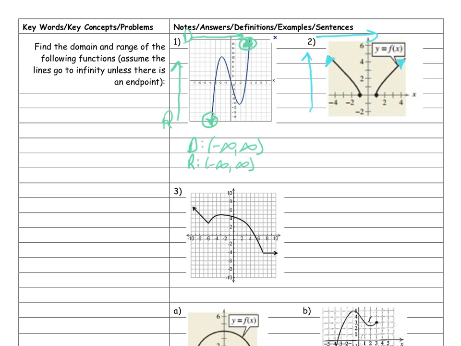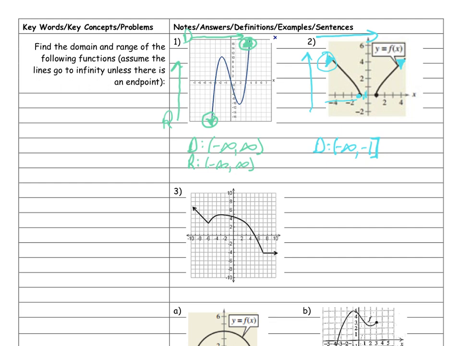So my domain here, my furthest to the left has got an arrow, right? So that means my smallest number is negative infinity. And then as I come across my graph on my x's, ooh, I run into a hole, right? So what's that number right there? -1. And it's got a solid dot on it, so it's included.